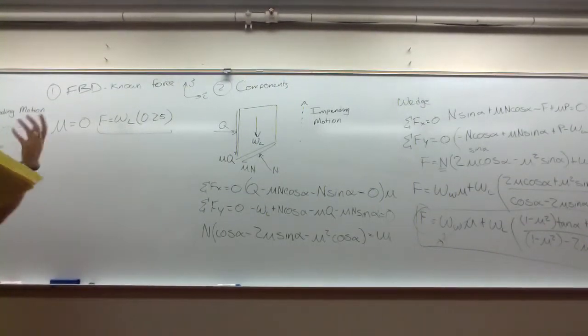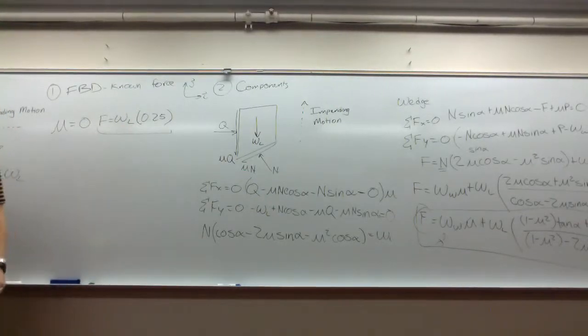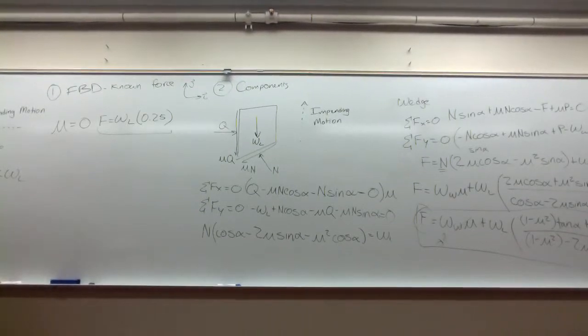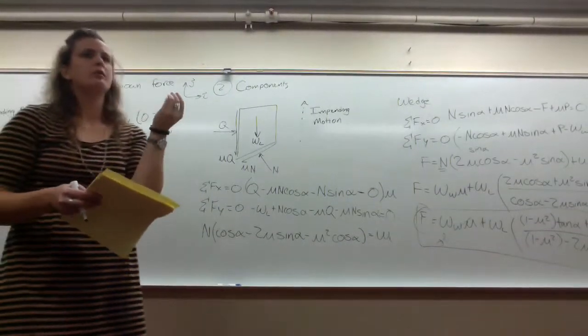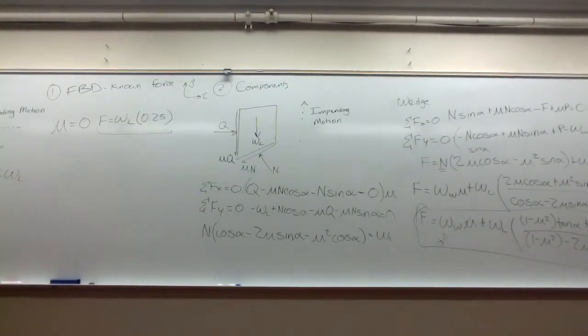In order to move the load, I need to... Yeah, Carson? Perfect. I only need to apply a quarter of a force equivalent to the load. But that's on a frictionless surface. That's never realistic.